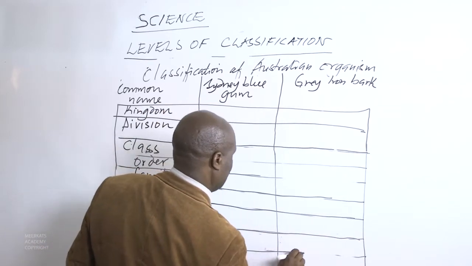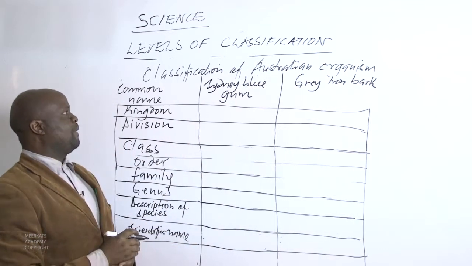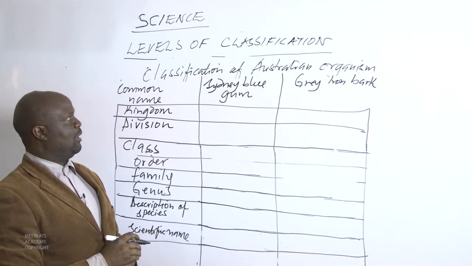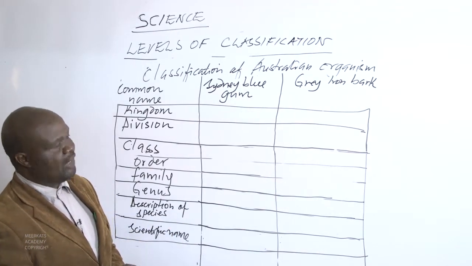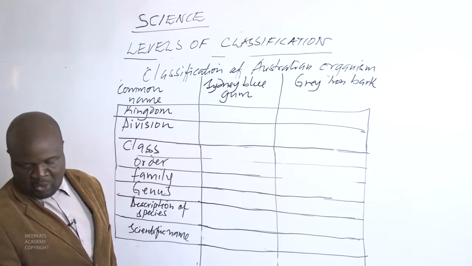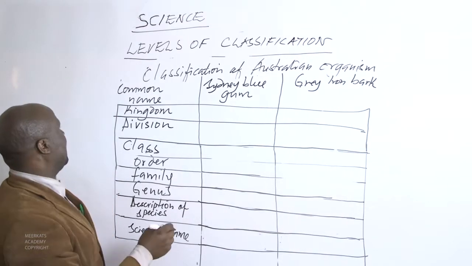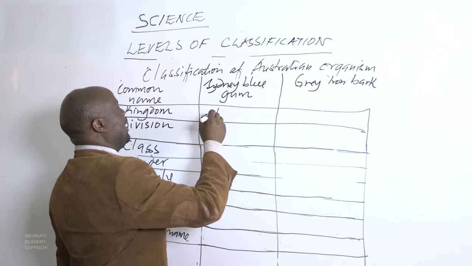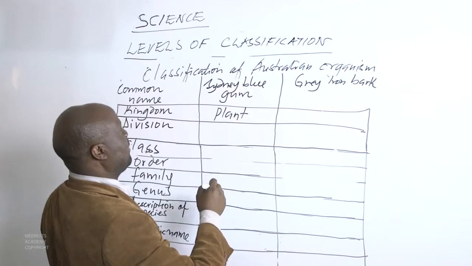Now, when we are trying to classify the two types of trees, the Sydney blue gum and the grey ironbark, they both belong to the same kingdom, and that is the plant kingdom. So the Sydney blue gum is in the plant kingdom.